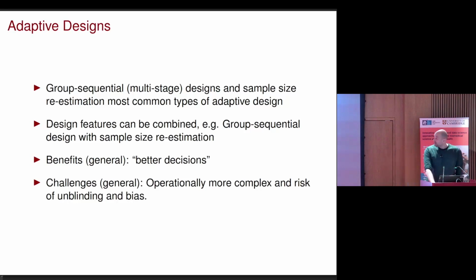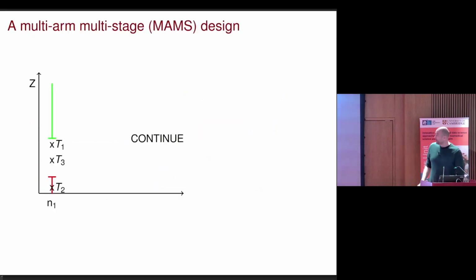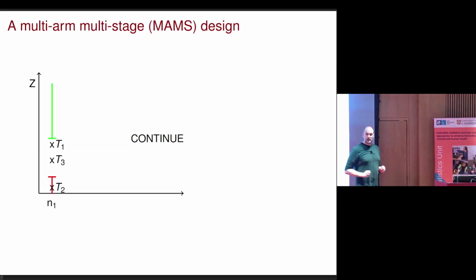So let's look at a couple of other adaptive designs. I can extend this concept of a multi-stage design to say, I'm not just interested in one treatment, but what if I'm interested in multiple treatments? So a multi-arm, multi-stage design, a MAMS design, would have, as here in my schematic, 3 different treatments that are each compared against a control group.